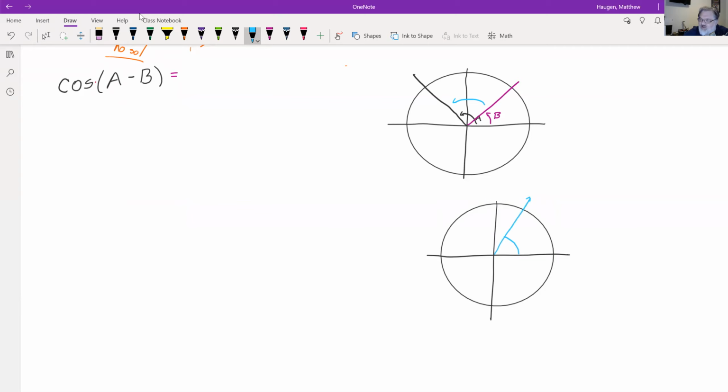So this angle here is this angle A minus B. So for example, if A was 100 degrees and B was, say, 60 degrees, then A minus B would be 40 degrees, so this would be a 40-degree angle in standard position. Fair?